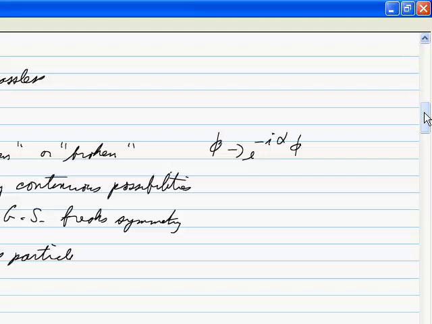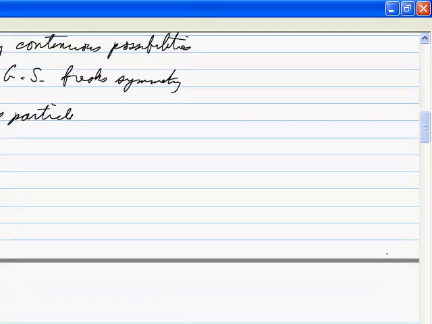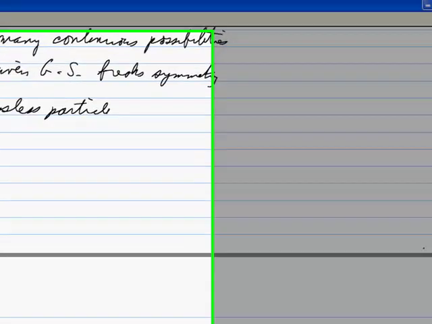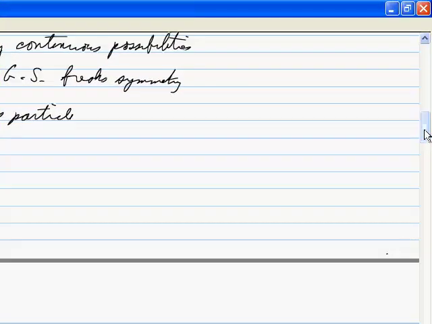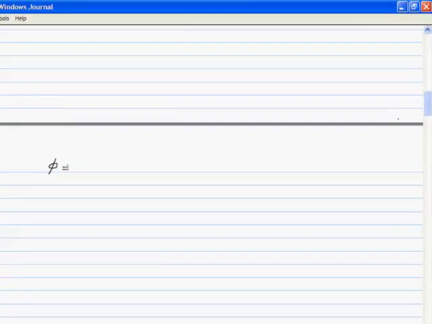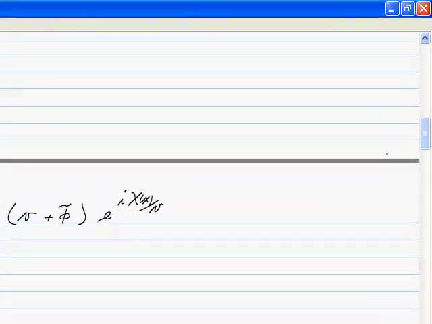Okay, now I'm going to mess with it yet more. I'm going to talk about alternate names. So instead of doing what I did up above, I'll call it phi, 1 over the square root of 2, v plus, now I won't put a subscript on here rather than put too many names, e to the i chi of x over v.